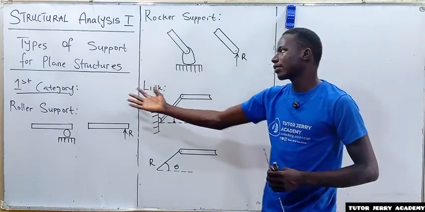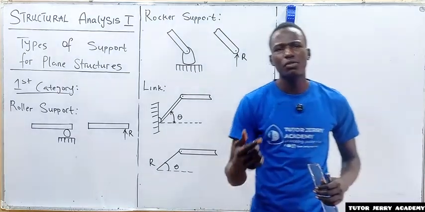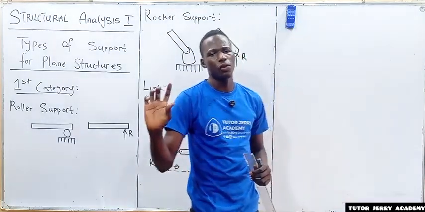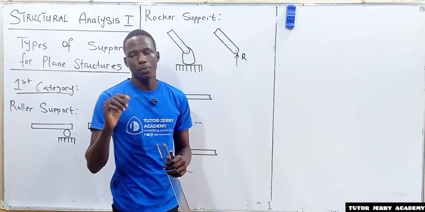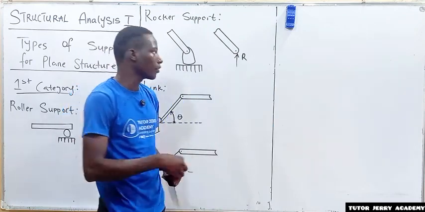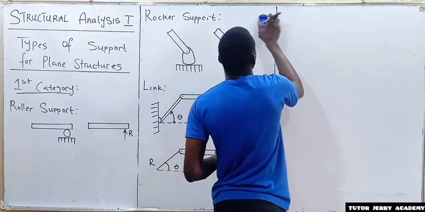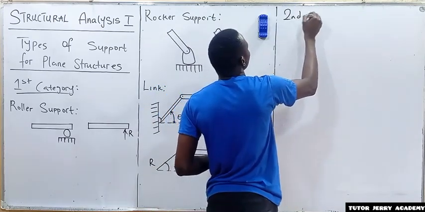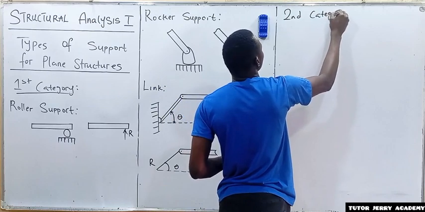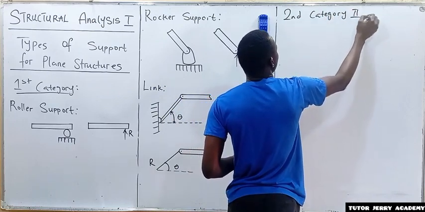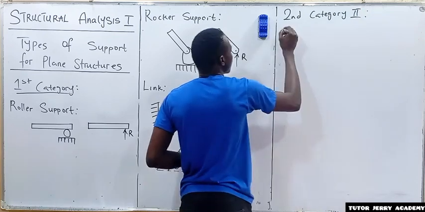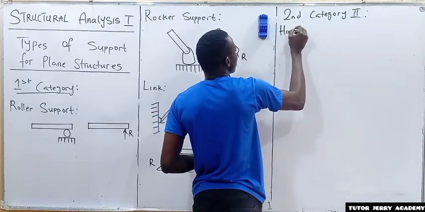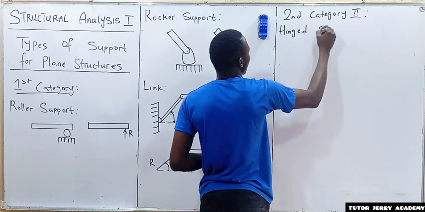the same category. All right. Now the next category we are going to be looking at is hinge support. That is the only support that falls under the second category. So we have the second category. For this second category, we have the hinged support.